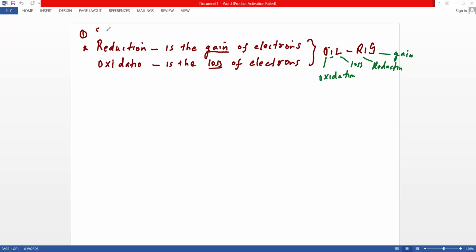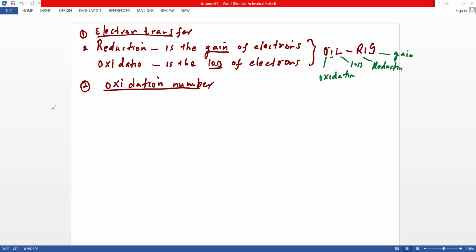If they say define reduction or oxidation in terms of electron transfer, then you have to define it in this form. But if they say define oxidation and reduction in terms of oxidation number, then you have to define it in this way.